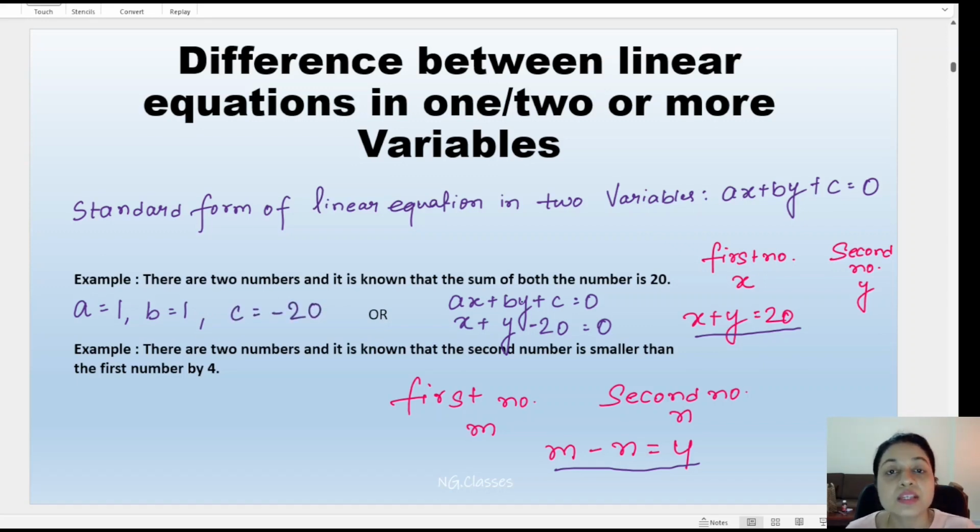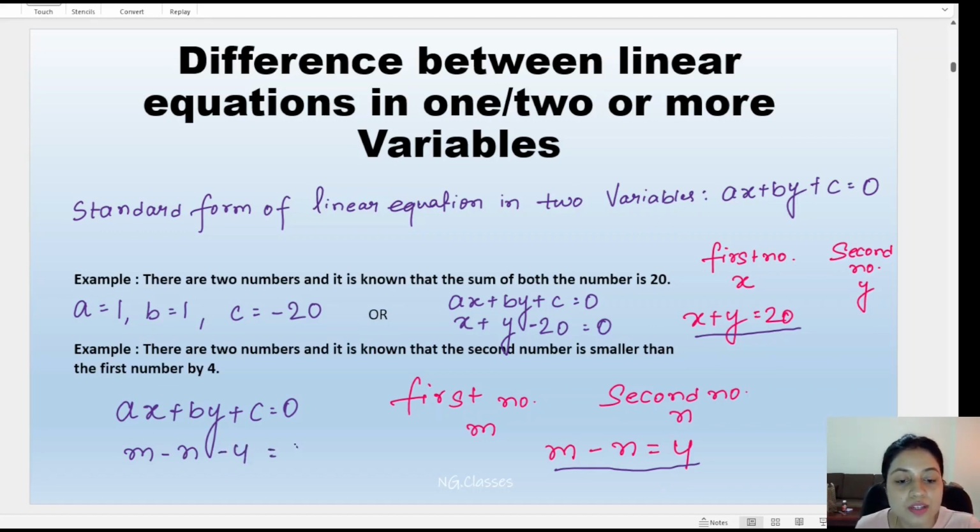Right? Similarly, let's compare the second equation with the standard form and see what we get as a, b and c values. The standard form is ax plus by plus c equals 0. In this format only we will write our equation. So that means m minus n, and 4, which is sitting on the right hand side, when we shift it to the left hand side, becomes negative 4 equals 0.